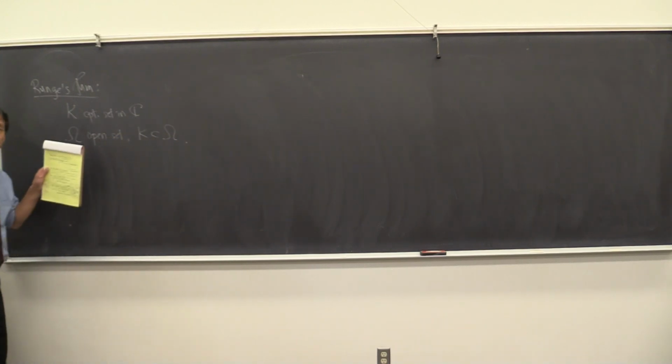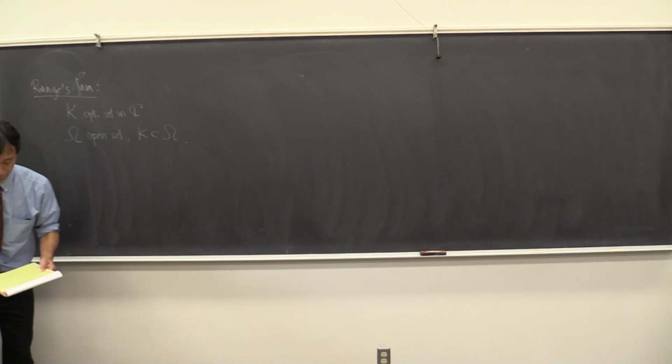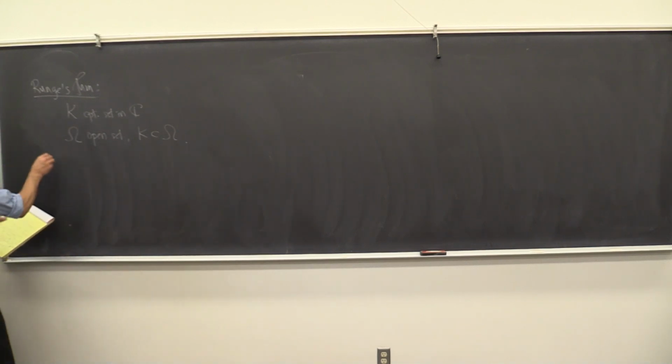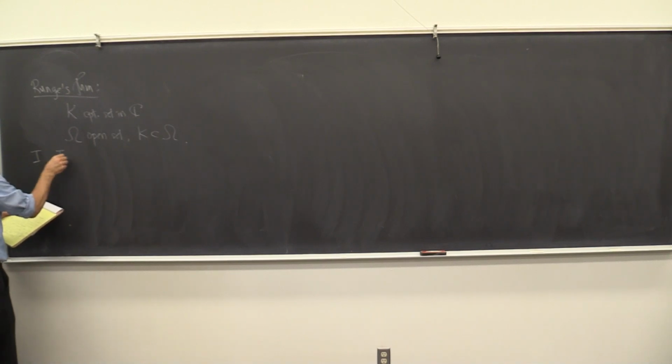So omega is a neighborhood of K. Here's the claim, which has two parts.